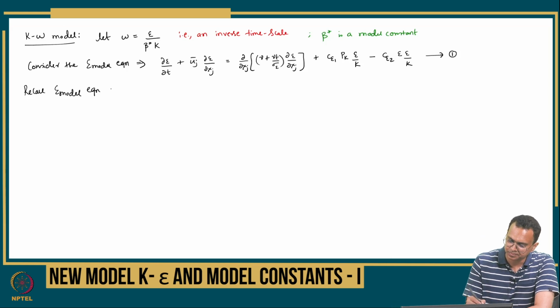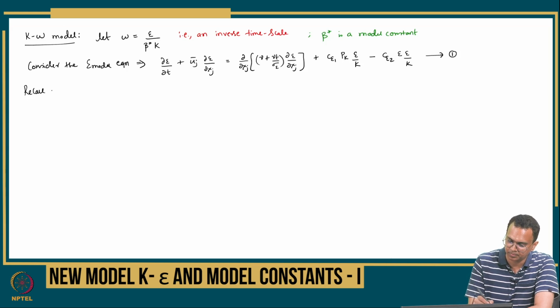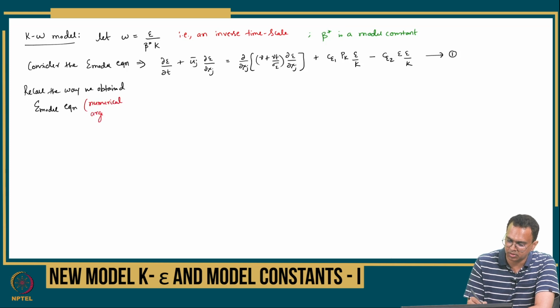Okay, right? The way we obtained the epsilon model equation was only numerical, we placed only numerical arguments for our own convenience.